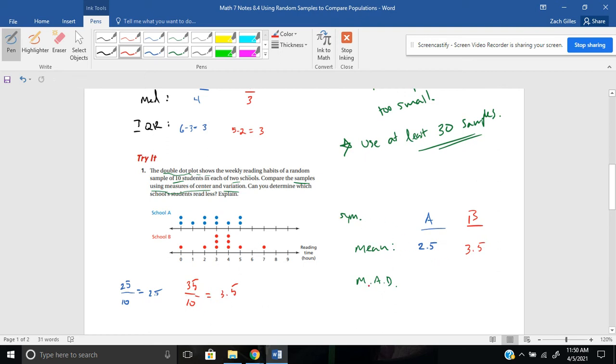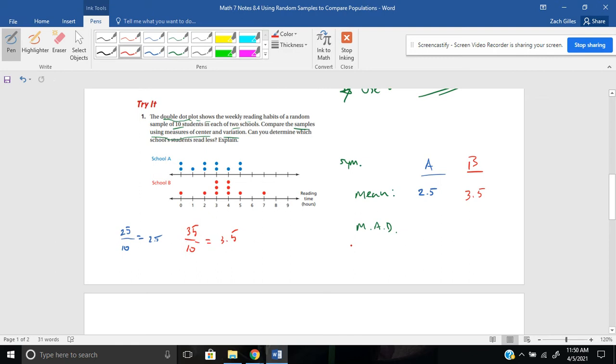Now let's determine how much variation there is. So the mean absolute deviation, remember, is how far away, on average, are these points from the average? Okay, so let's do that. Here my average is 2.5, so how far away is 0 from 2.5? Well, it's 2.5 away, and I have 2 of them.